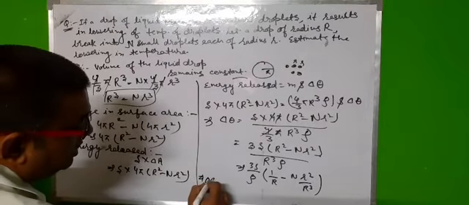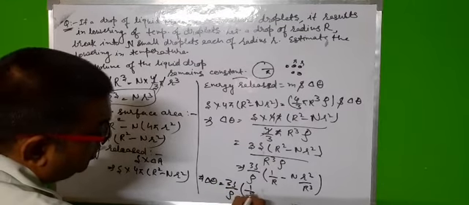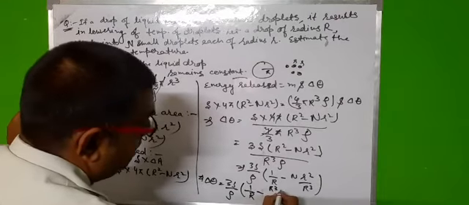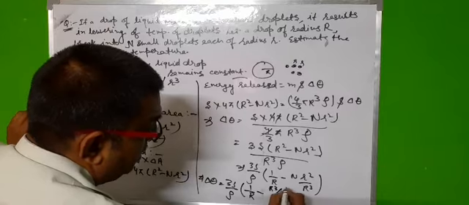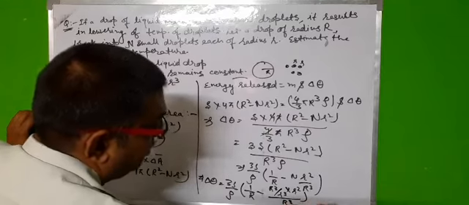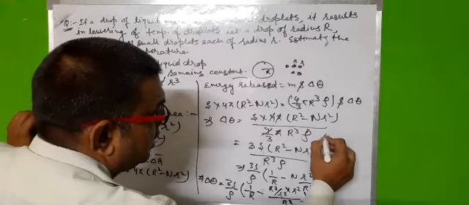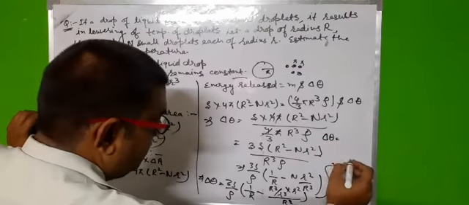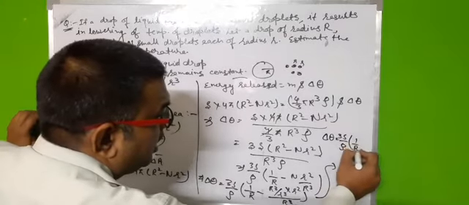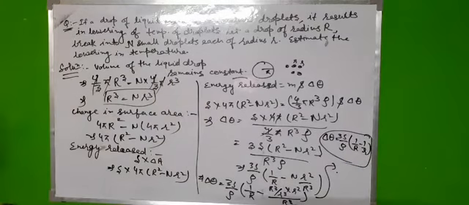So delta theta is equal to 3S upon rho into 1 upon r minus R cube upon small r cube into r square upon R cube. On solving this, you will get delta theta is equal to 3S upon rho into 1 upon r minus 1 upon capital R. This is the value of delta theta.